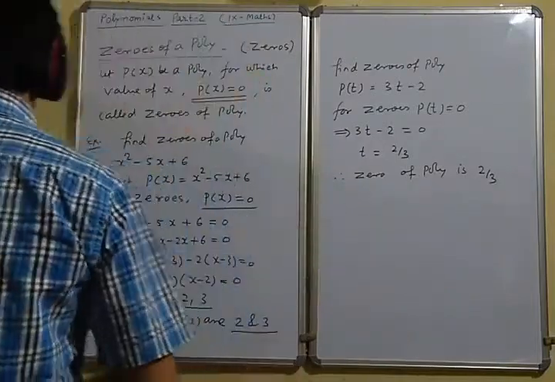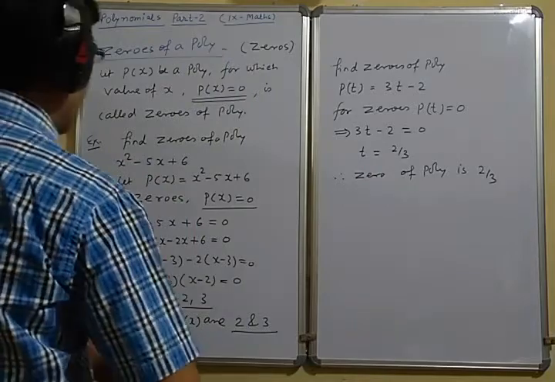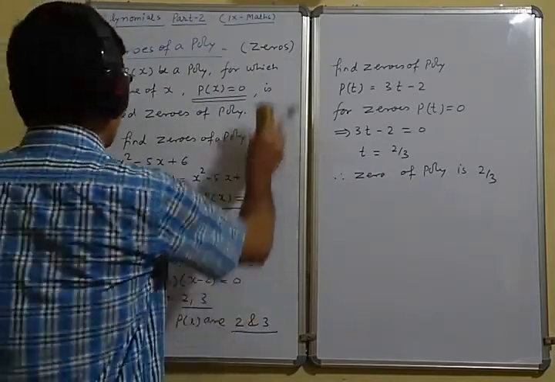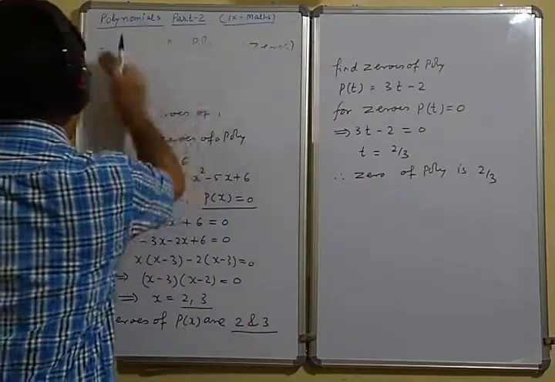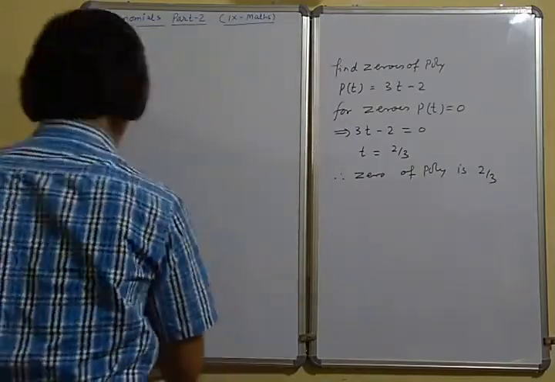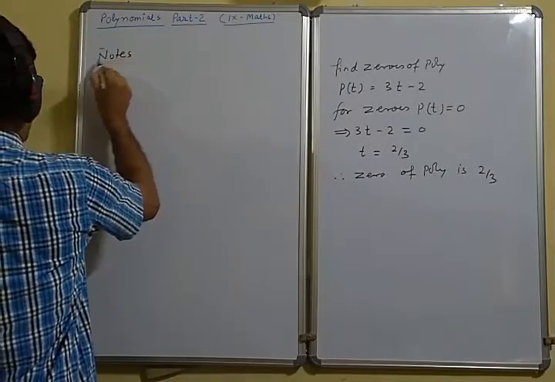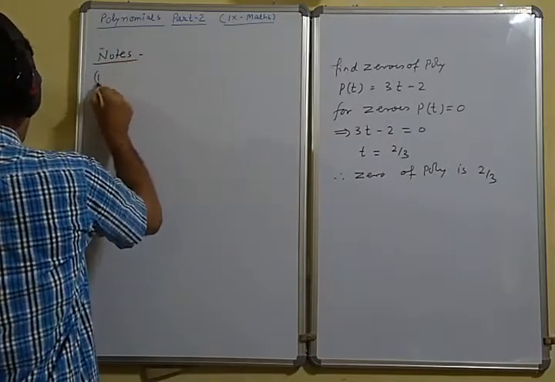Now let us see some points that we have to remember about zeros of a polynomial. Notes: these are the important points that we have to discuss.